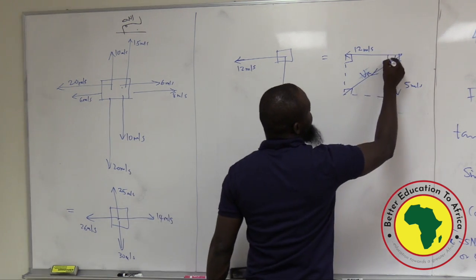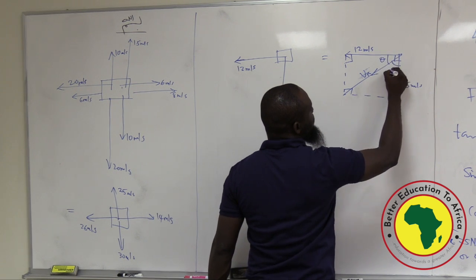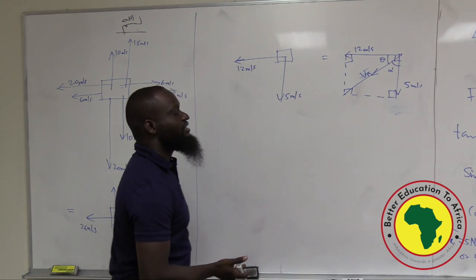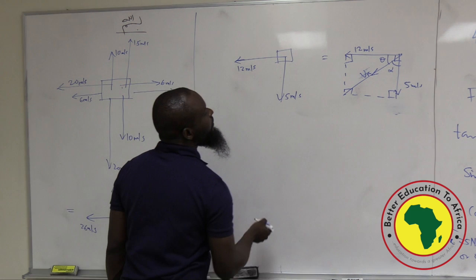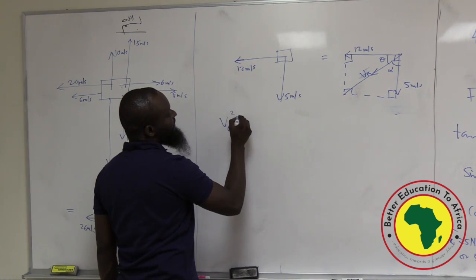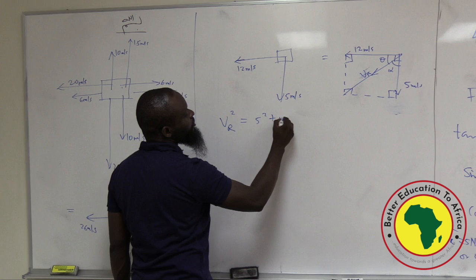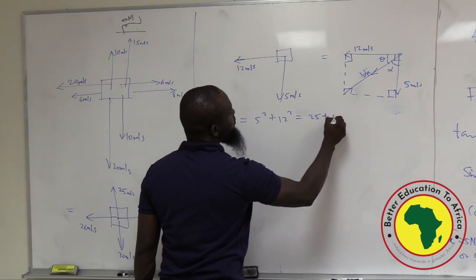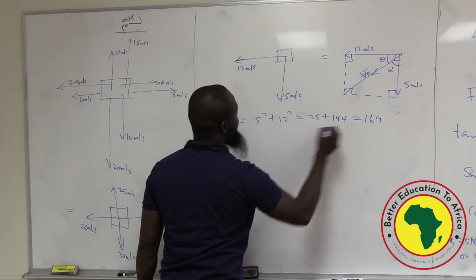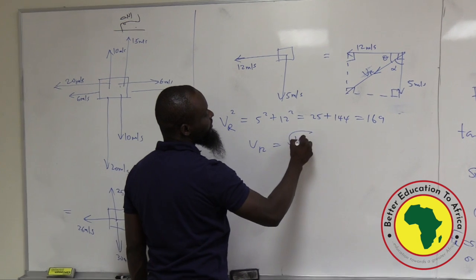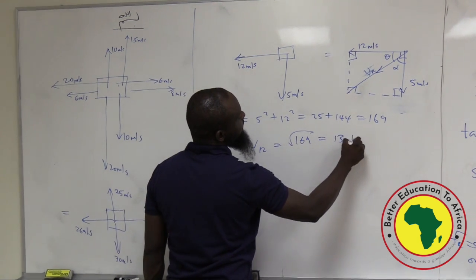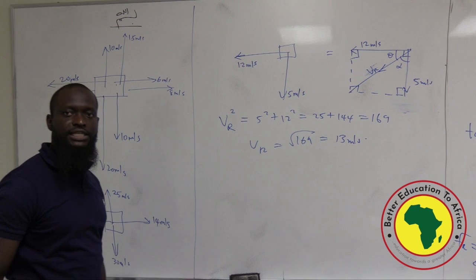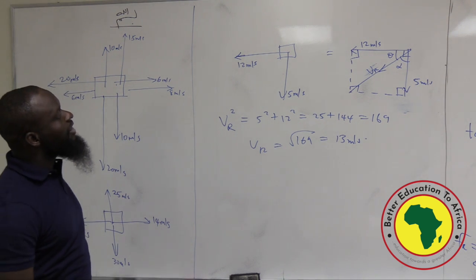So I can find this angle or that angle as my direction, my choice, depending on how I want to represent it. In either case, VR squared is 5 squared plus 12 squared, 25 plus 144, 169. So my resultant velocity is the square root of 169, 13 meters per second.